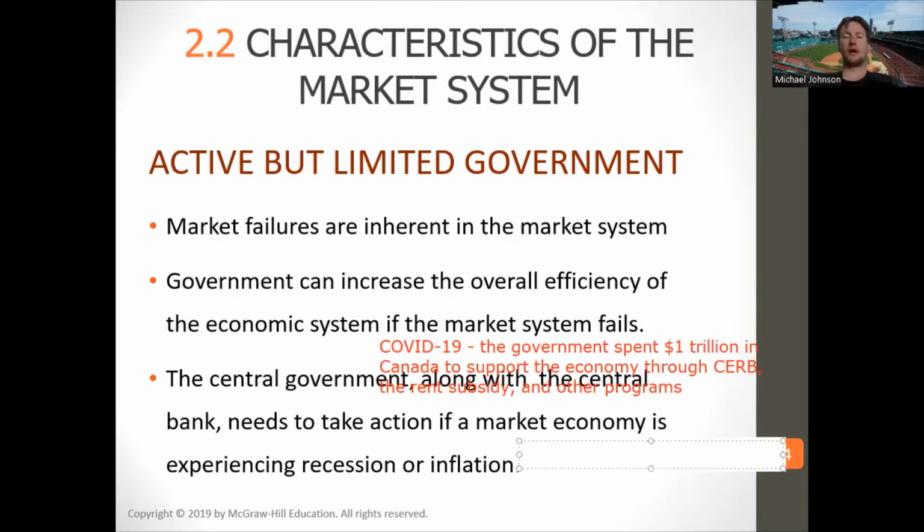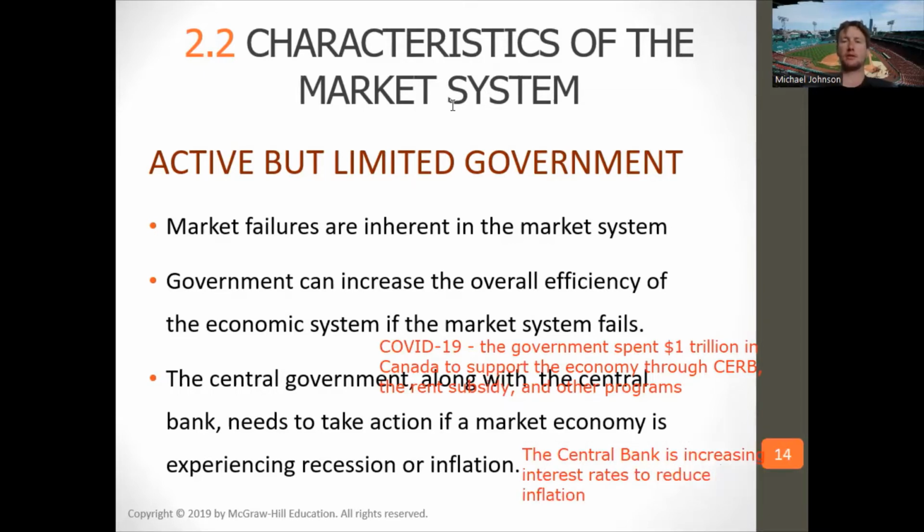With inflation right now, the central bank is increasing interest rates to reduce inflation. Those are things the government can do to support the economy.